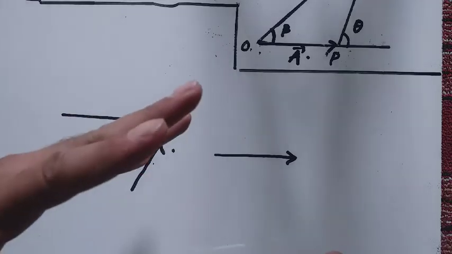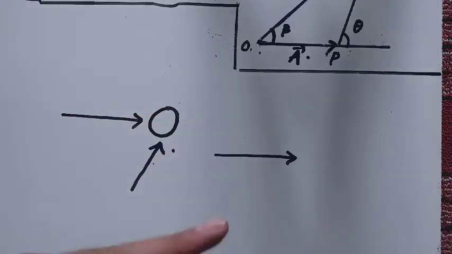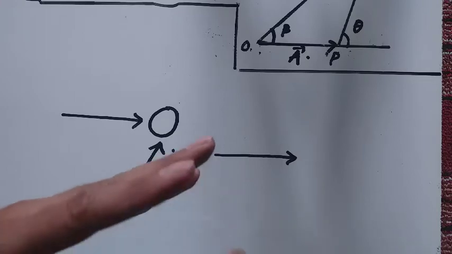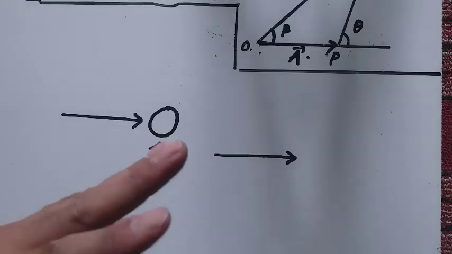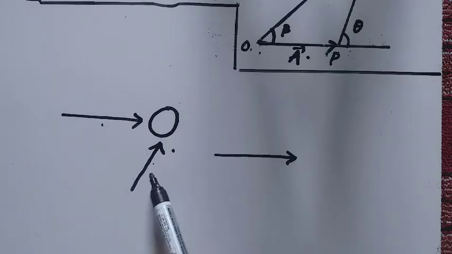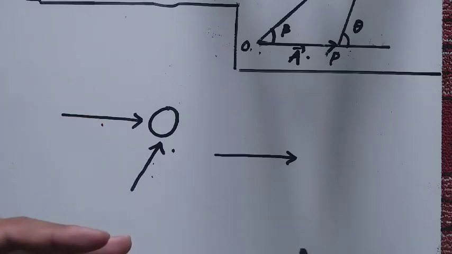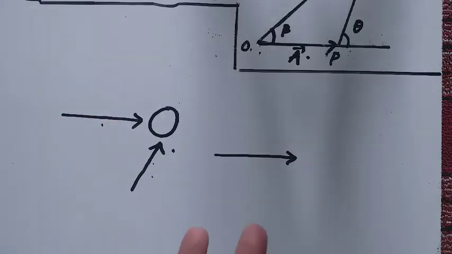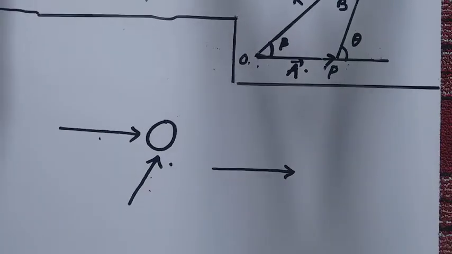This is the important point regarding the triangular law of vector addition. It does not matter whether you first add this or this, because according to the commutative law of vector addition, A vector plus B vector gives us B vector plus A vector. This does not affect here.